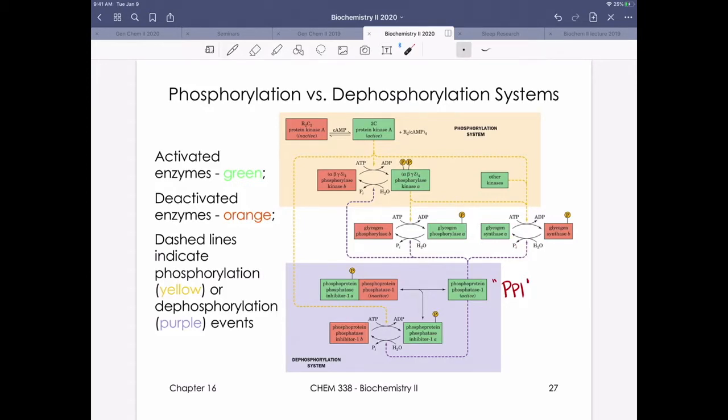The last little piece to highlight is the fact that we also have a fail-safe mechanism here. We've got a molecule called phosphoprotein phosphatase inhibitor, or the PP1 inhibitor. If we are in a phospho state, this PP1 inhibitor is actually going to be activated, which means it's inhibiting PP1.